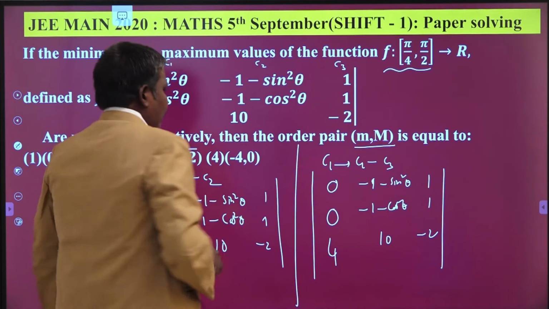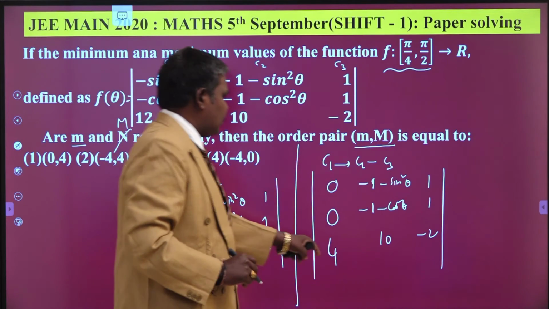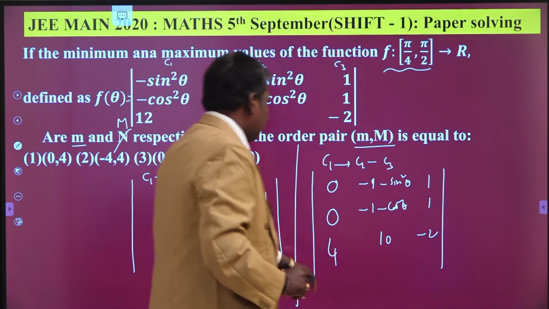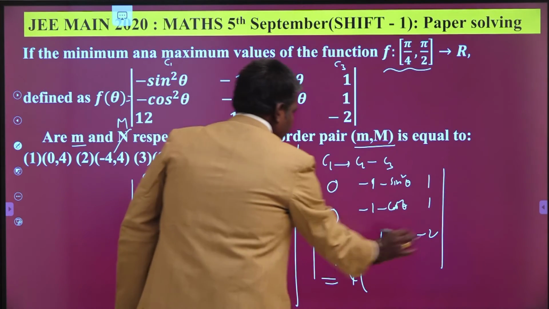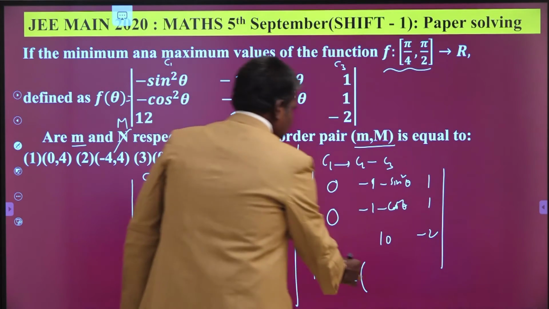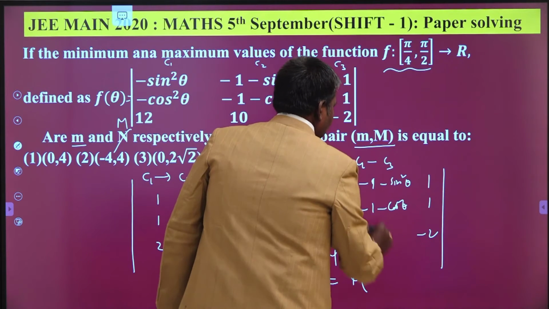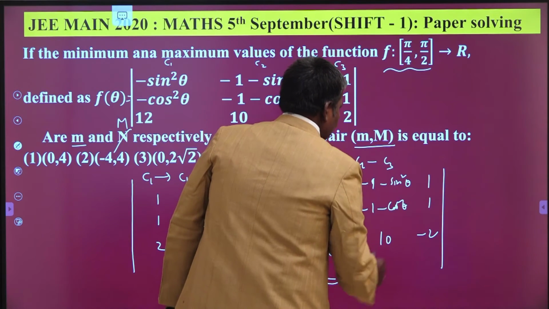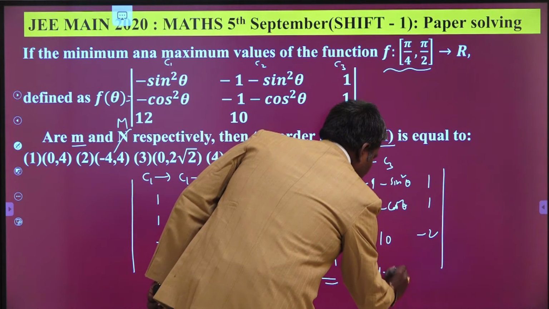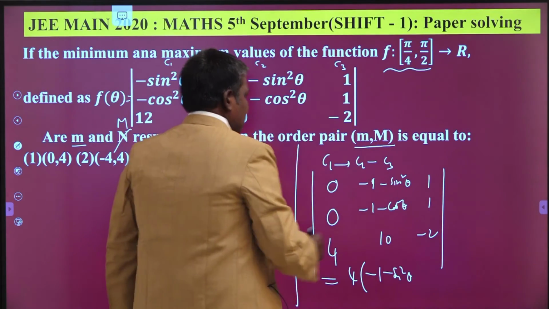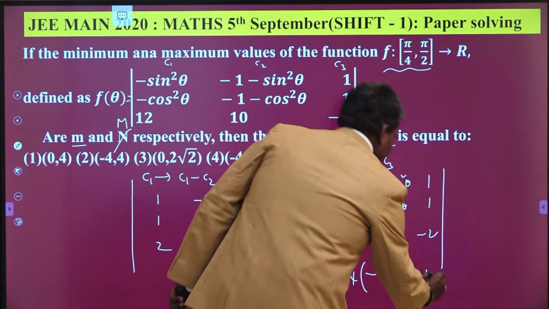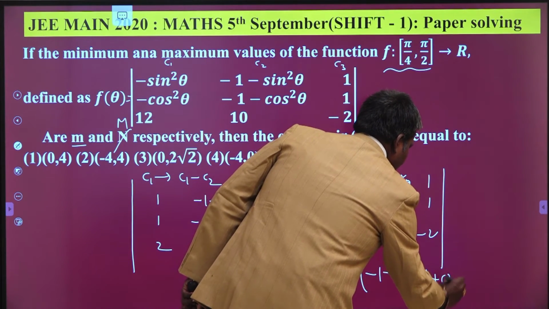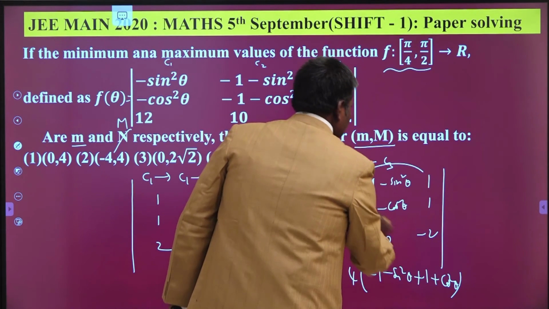This is the value. Now I am expanding with respect to column 1. We have 0 plus 0 plus 4 times the determinant of minus 1 minus sine square theta, minus 1 minus cos square theta, 1, 1. Am I correct or not? AD minus BC, the determinant of this 2 by 2 matrix.